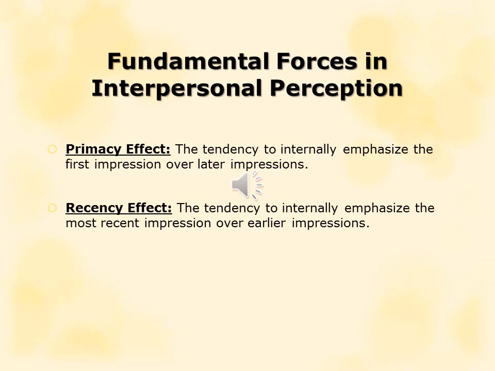If we have a strong first impression of the individual and we receive some negative information or perhaps have a negative interaction with them, generally, if the first impression was strong enough, we will discount that and still have good feelings about this person.